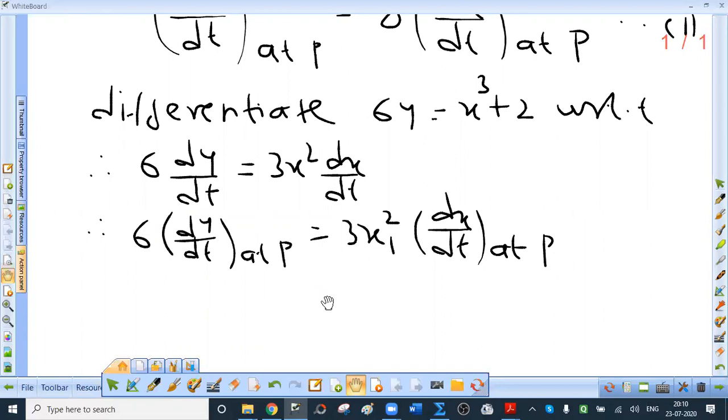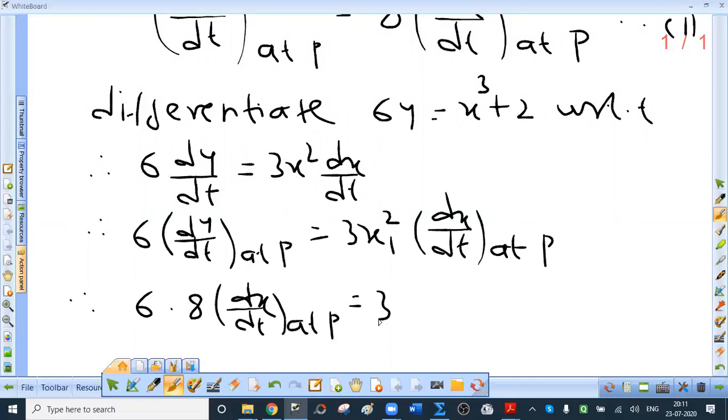Substitute. Therefore I could have cancelled 3, but as I haven't, I will write this as 6 into 8 dx/dt, okay, at P is what? 3x1 square dx/dt at P. Simple.